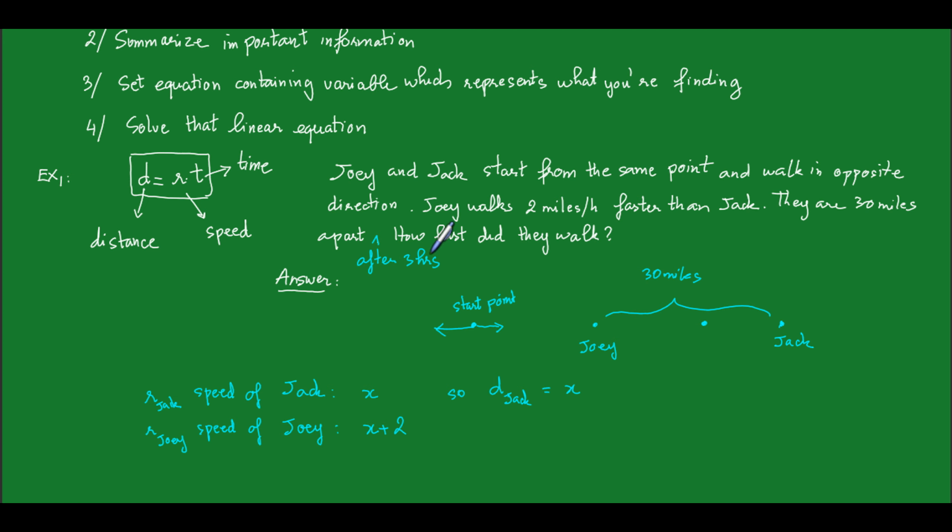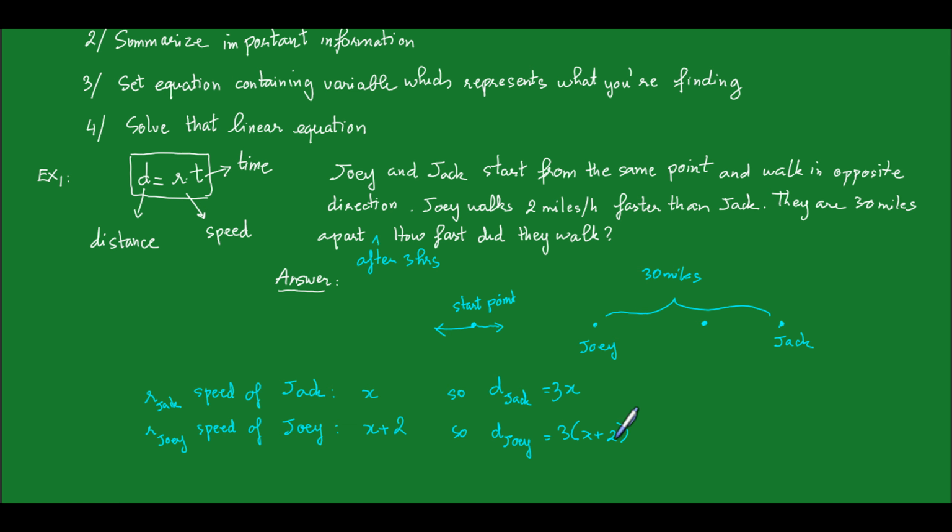So 3 hours, because they walk for 3 hours. Same thing. D of Joy will be what? The 3 hours, right? Because both of them walk for 3 hours. 3 times x plus 2, right?